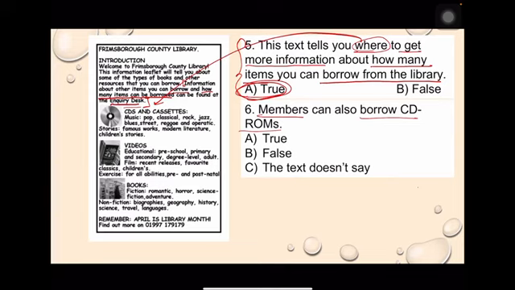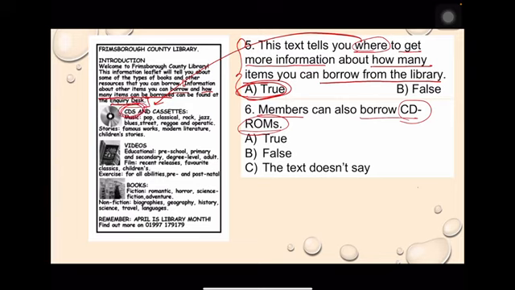CD and CD-ROMs, are they the same? They are more or less the same. CD-ROM refers to compact disc read-only memory, right? So did it mention in the text about this?